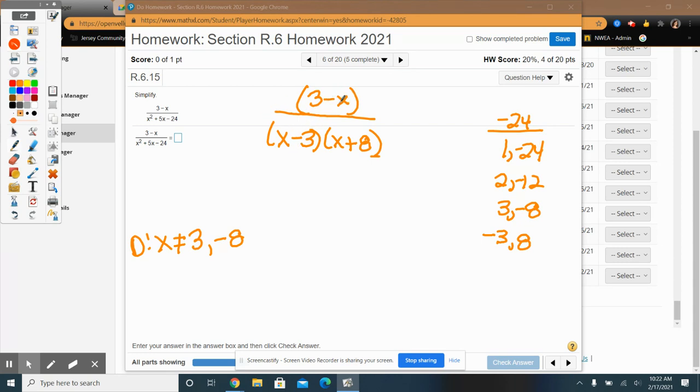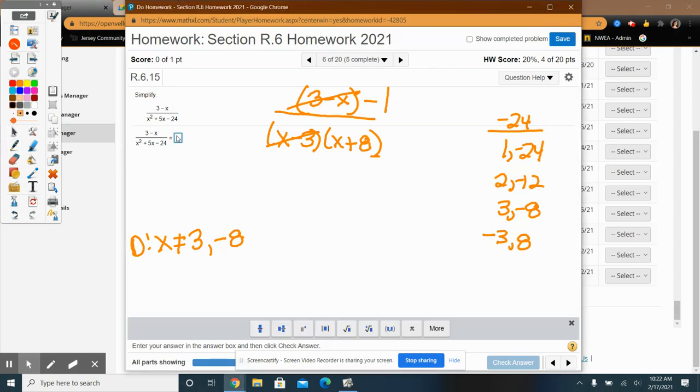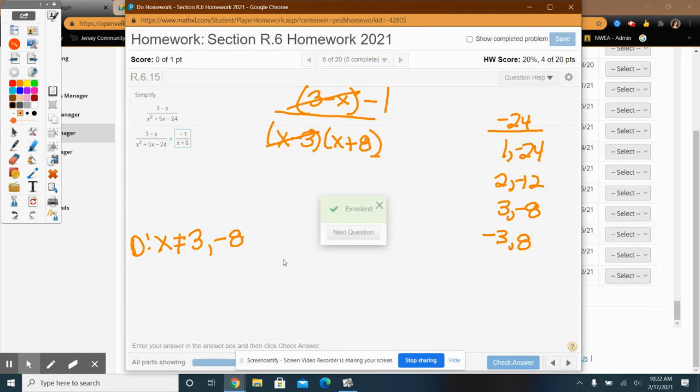But since they're not the exact same and they are opposites, when you simplify them out, you have to replace it with a negative 1. So because they're not the same and they're opposites, when you cross them out, you have to put a negative 1 in its place to balance. So this does simplify to negative 1 in the numerator spot and x plus 8 in the denominator, because the 3 minus x and the x minus 3 can simplify if you replace it with a negative 1.